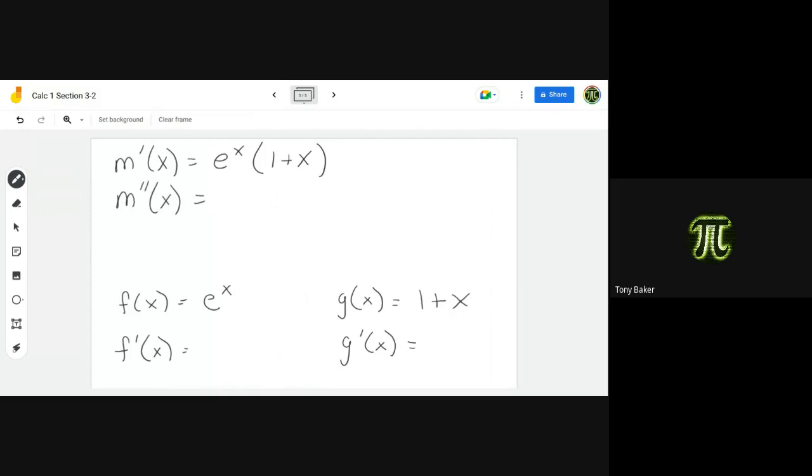Once you've got those, look for the derivative of each one of those. Derivative of e to the x is e to the x. Derivative of 1 plus x is 1. So then I have the derivative of the first, which is e to the x, times the second, plus the derivative of the second times the first.